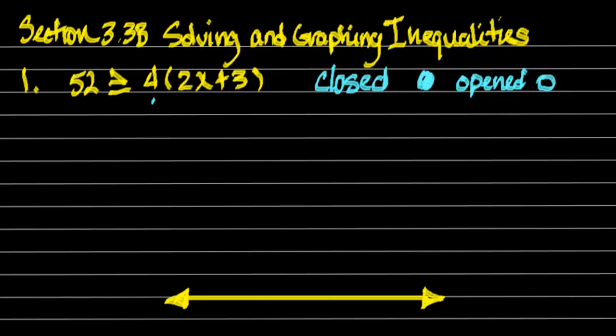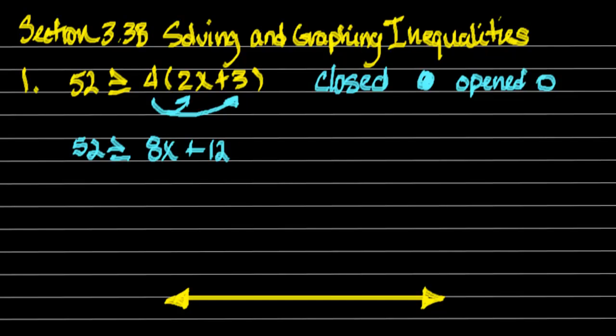Right here, when we have parentheses, we've got to clear those parentheses by using the distributive property, and we haven't done any of that yet this year. So this equation now becomes 52 is greater than or equal to 4 times 2 is 8x, 4 times 3 is 12. You can see that the 8x is on this side.